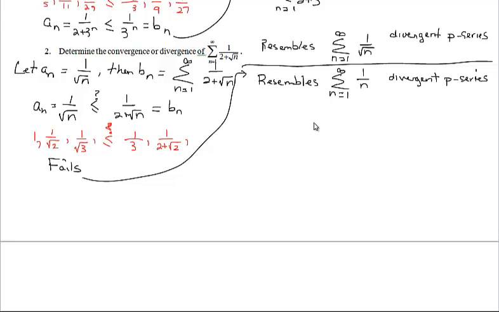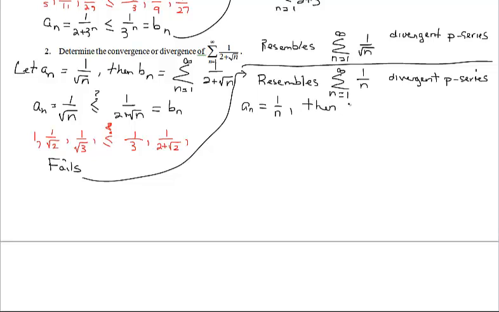So let's try another approach. Let's see, if that's the case, then 1 over n, if that series diverges, then it must be the smaller series, so I'll call that a sub n, again, like the previous example, but maybe we'll make some progress. Okay, let's let a sub n be 1 over n.